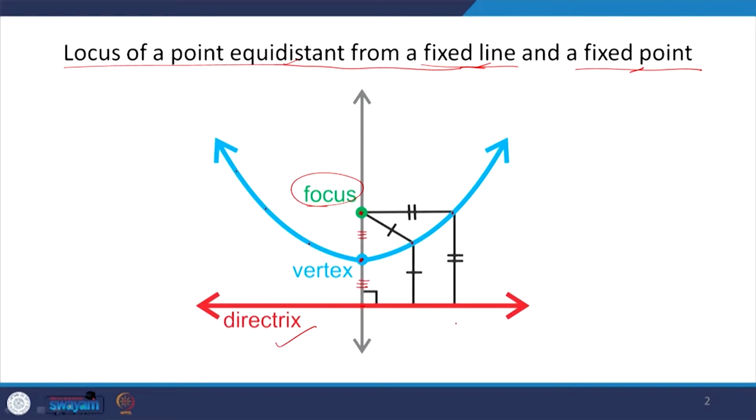The simple thing is we draw lines which are parallel to the directrix. Now any point on this line, the distance that it has from the directrix will be the same distance which we will have from the focus. And what will it be? So suppose we look at this point which is the vertex.